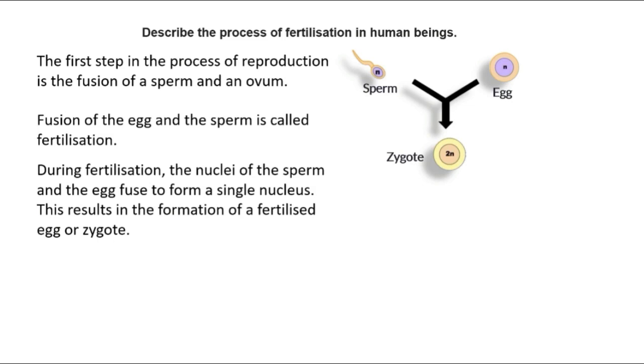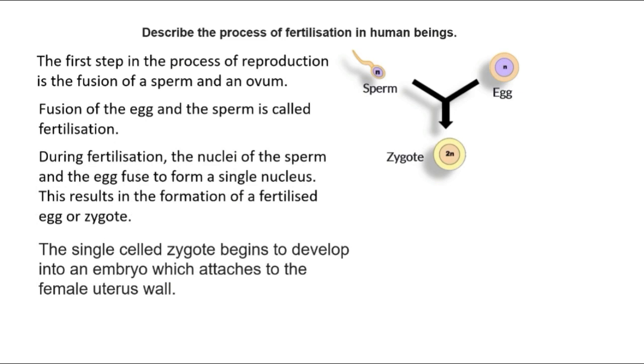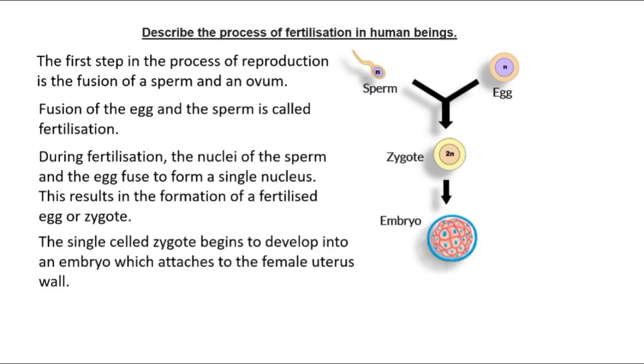So the next step is the single cell zygote begins to develop into multicell. And what is that step called? Formation of embryo, right? So the single cell zygote becomes a multicellular organism called embryo.